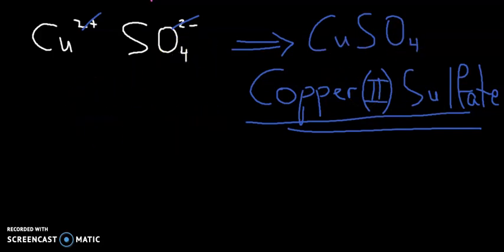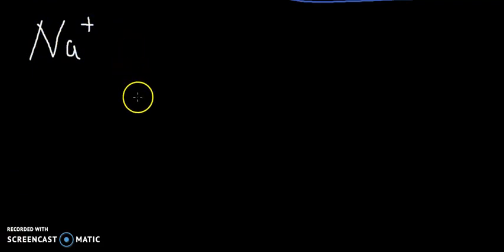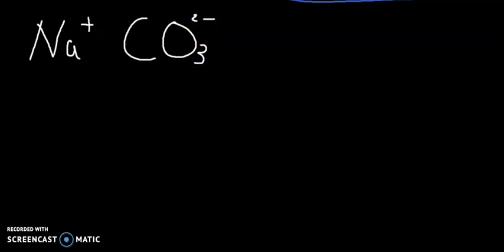Another example, the last one, in which we will use the ions and name the compound after. Let's take as an example sodium Na plus and carbonate CO3 2 minus.